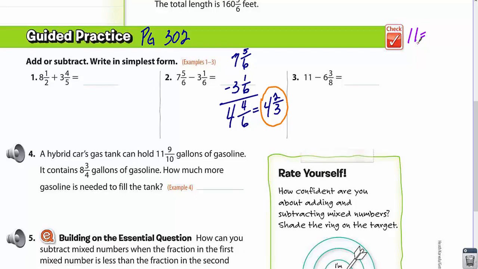Well, if you were doing the rectangles, you would know that you have to take one of these and turn it into 8/8. So we're going to have 10 and 8/8. Now we can take away the 6 3/8.